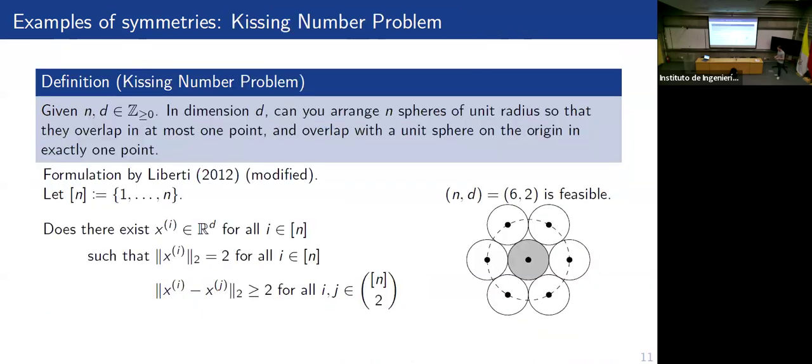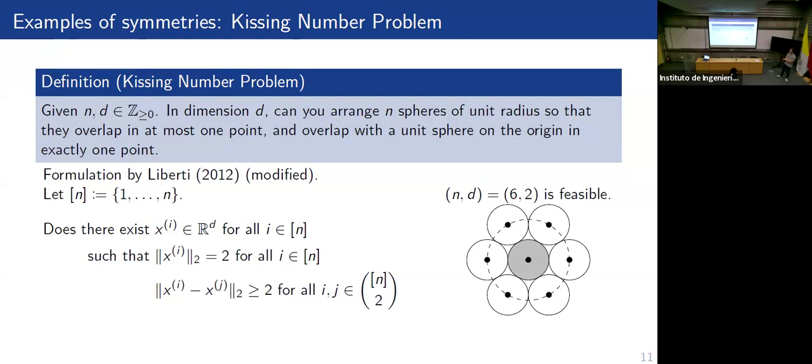The two examples that I gave are discrete optimization problems, but we can also consider symmetries in nonlinear problems. For instance, take this kissing number problem. We have a sphere of unit radius around the origin, and the question is, are we able to fit 6 spheres, also of unit radius, that touch this sphere around the origin, such that these 6 spheres are non-overlapping, or at least they only overlap on the boundary, so they do not overlap in their interiors.